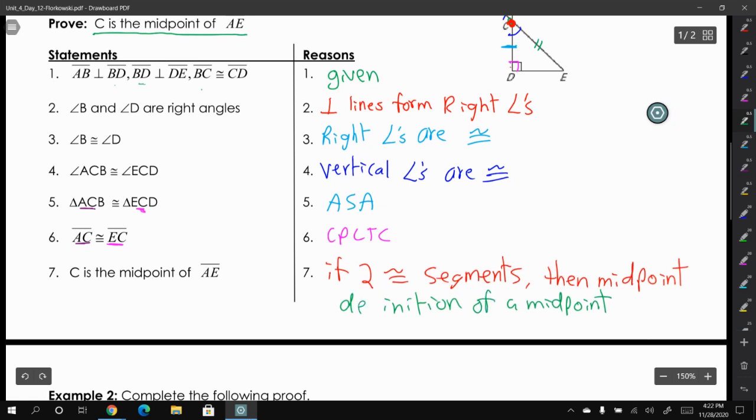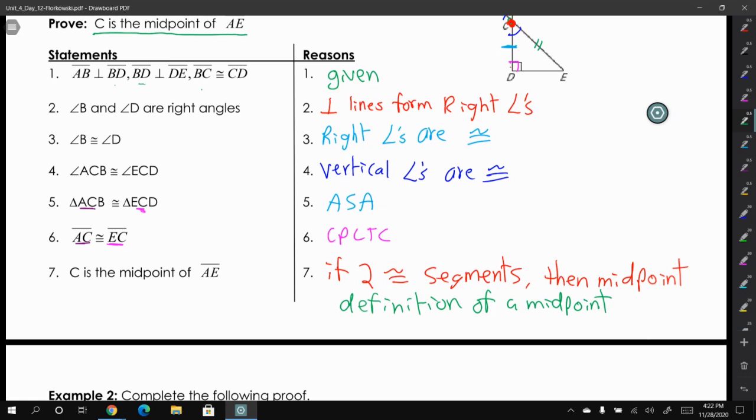I would normally shy away from what I have written in green here, because usually when we talk about the definition of a midpoint, we are given something's a midpoint, so therefore it cuts something in half. We're going the other way now. We're saying this point cuts a segment in half, therefore it is a midpoint.